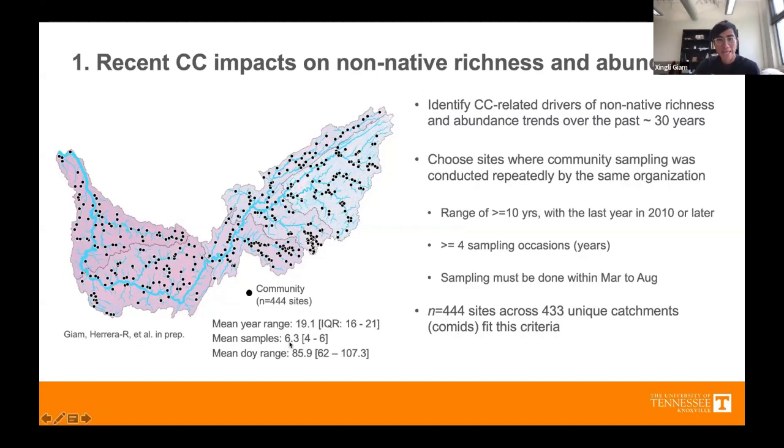The mean number of sampling occasions is about 6.3 per time series, or per site. And the mean day of year range tells you the average range of sampling events from the earliest to the latest throughout the time series. Sampling is typically carried out within a period of about 3 months across all the sampling occasions in the time series.